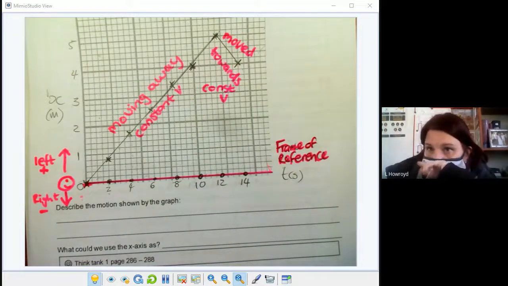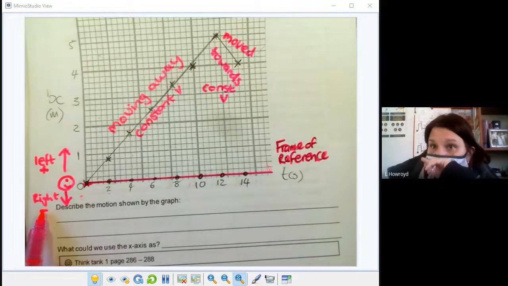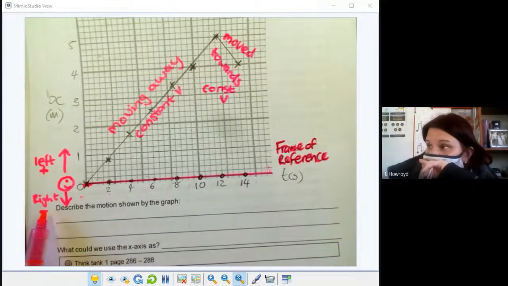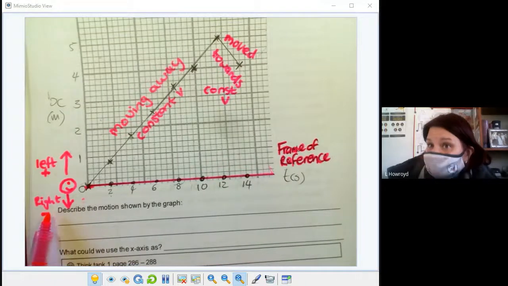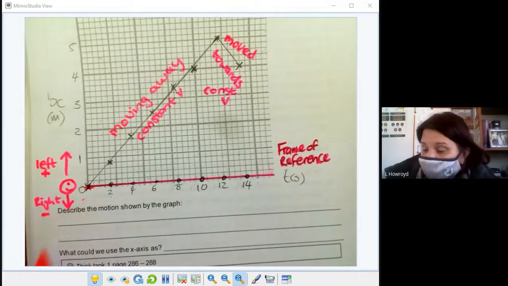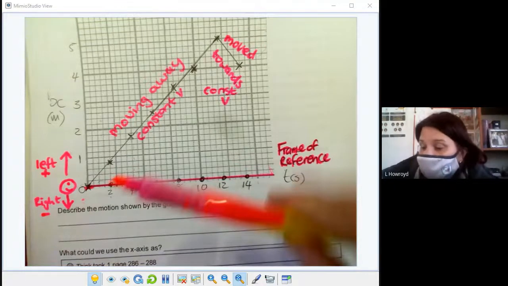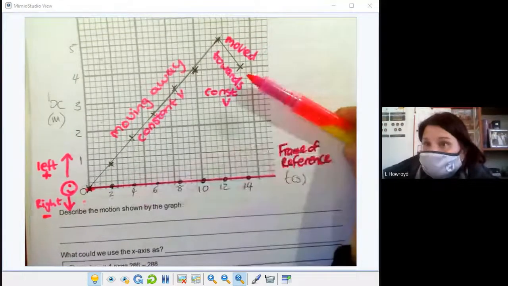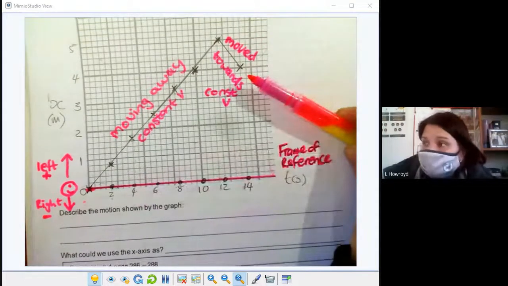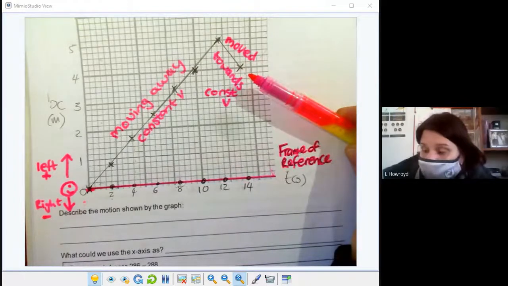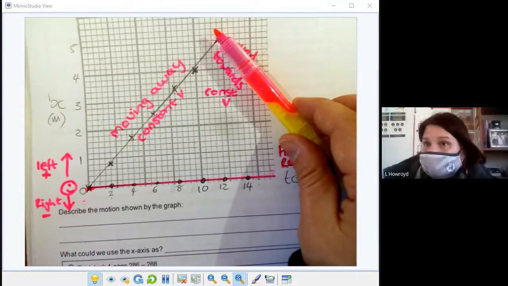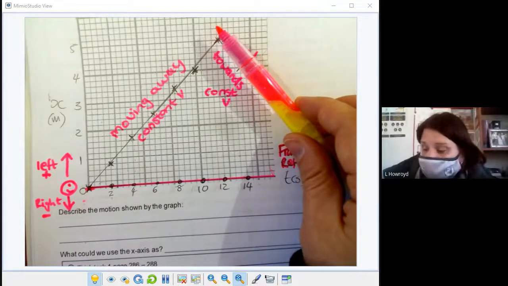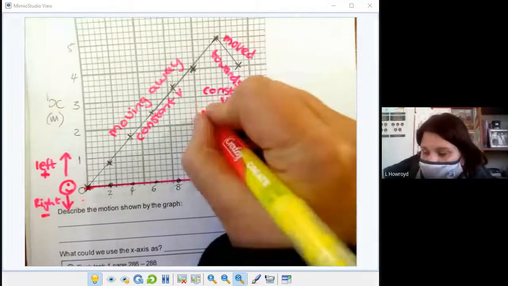Go down. Same direction. Negative is right. So even though it is now going to the right, because we know it's coming back towards the frame of reference, we can see that the gradient is negative, which means our velocity is negative, which means it has changed direction.